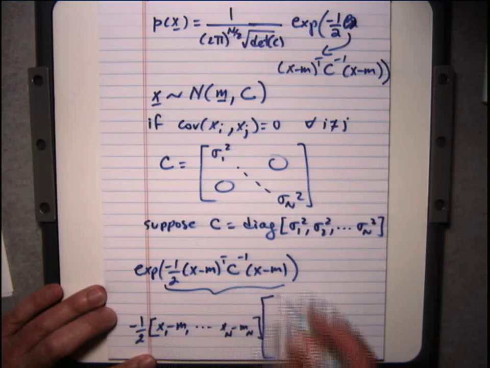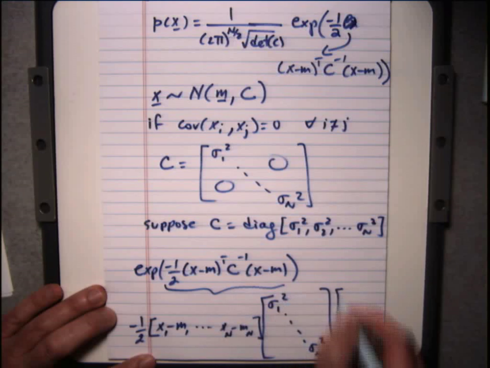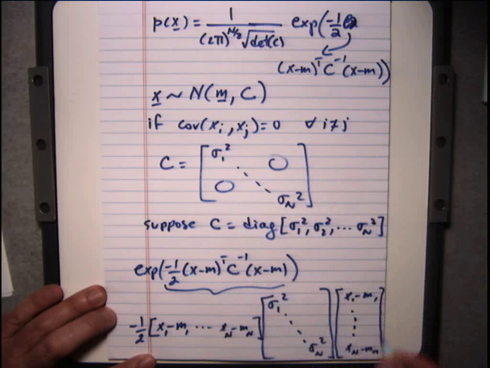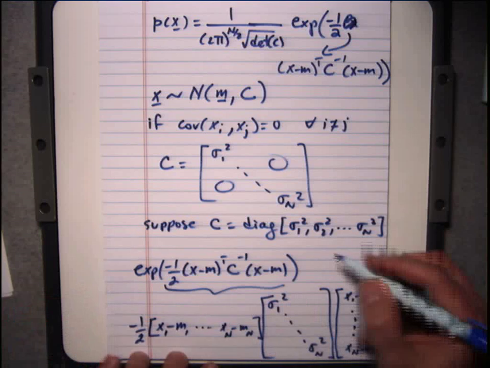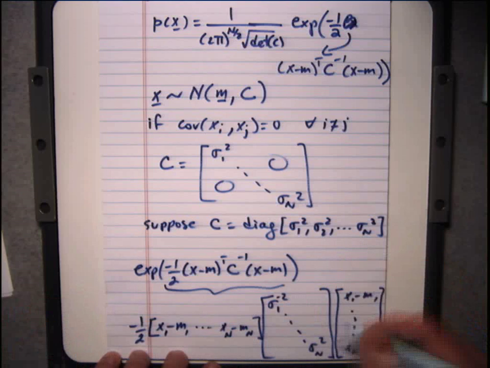And then there's a diagonal, sigma 1 squared to sigma n squared, and then the vector x1 minus m1, and so on, xn minus mn. Okay? Everybody agree with this? All right. So now I'm just going to multiply these out. That should be the inverse of C.